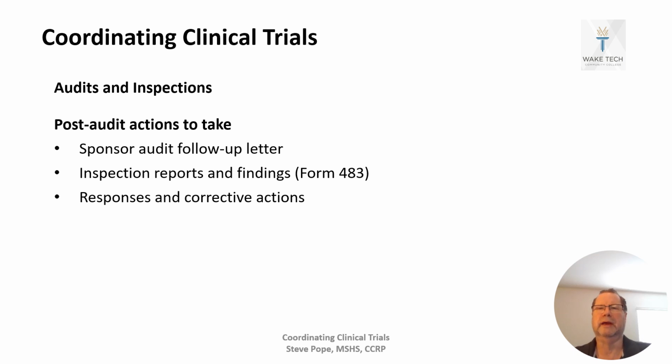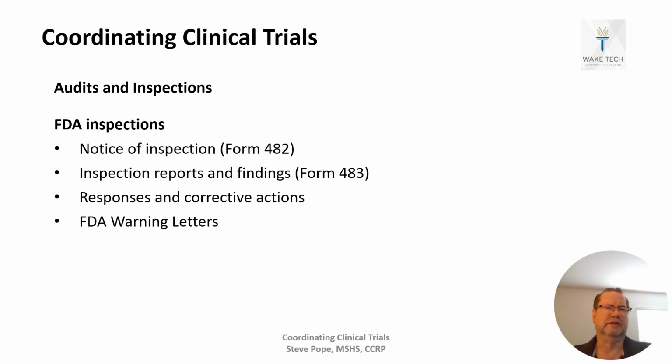So you're going to need to be able to document what those corrective actions are. You might have to do what's known as a CAPA, which is corrective actions and preventative actions. In most cases, you're not going to need to do that. That's a much more formal process that I would highly recommend you avoid as much as possible. But you will need to be able to respond to the findings when they come up.